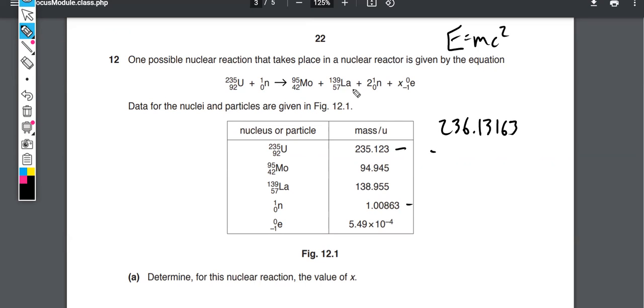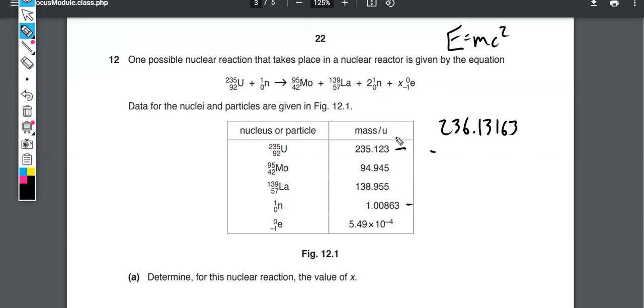On the right side over here, we've got 94.945 plus the lanthanum, which is 138.955. And then we've got 2 neutrons, and so we'll add 2 times 1.00863.